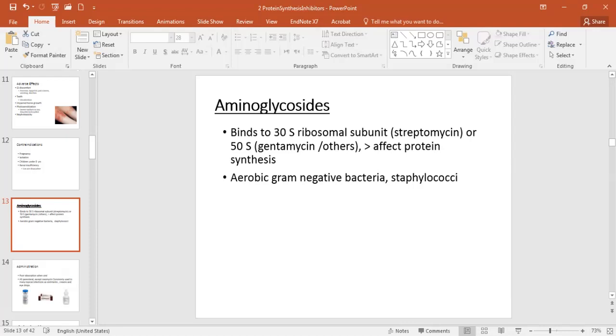It binds to the 30S ribosomal subunit بتاع streptomycin or 50S subunit بالنسبة للجنتاميسين and others. طبعا هنا من نتكلم على ال 30S or 50S ribosomal subunit, we mean bacterial ribosome. يعني هو الرايبوزوم ترى هو موجود بالبروكاريوتس وبالإيوكاريوتس، لكن هذين الدراجز they are working on prokaryotic ribosomes، فما يأثرن على اليوكاريوتس، على البروتين synthesis in human cells.